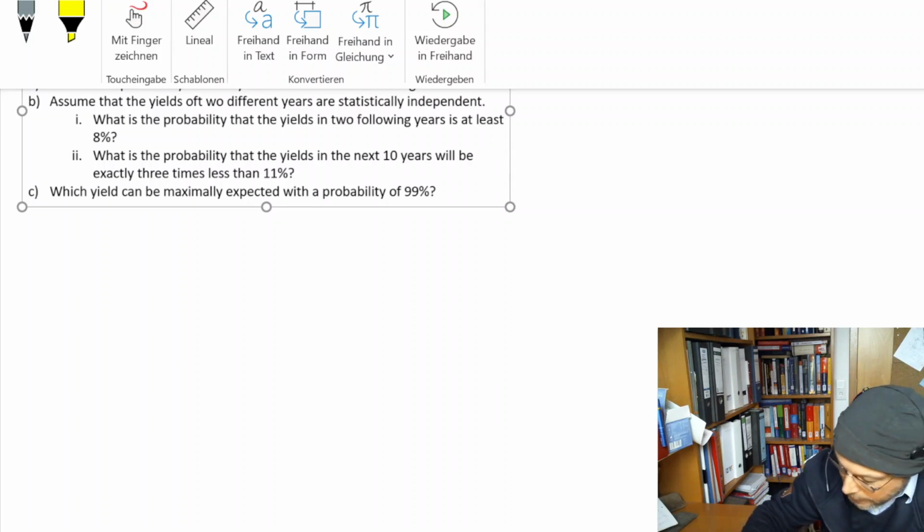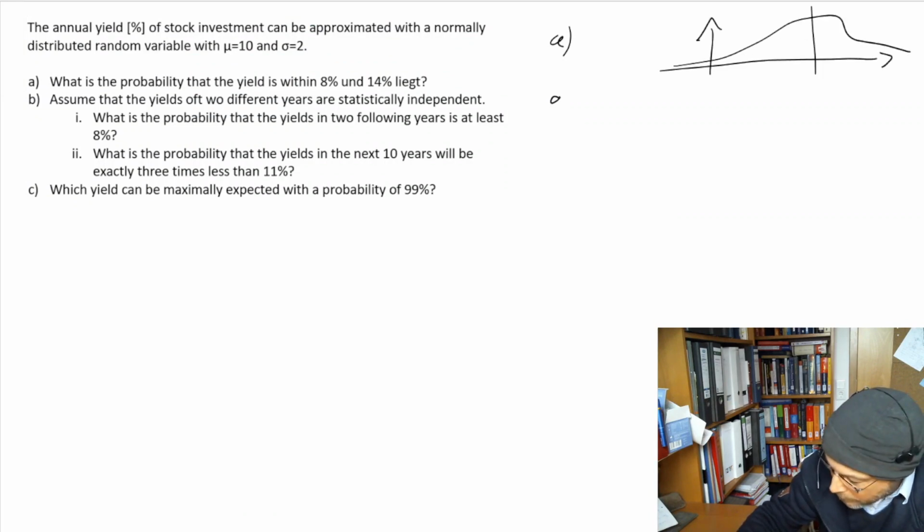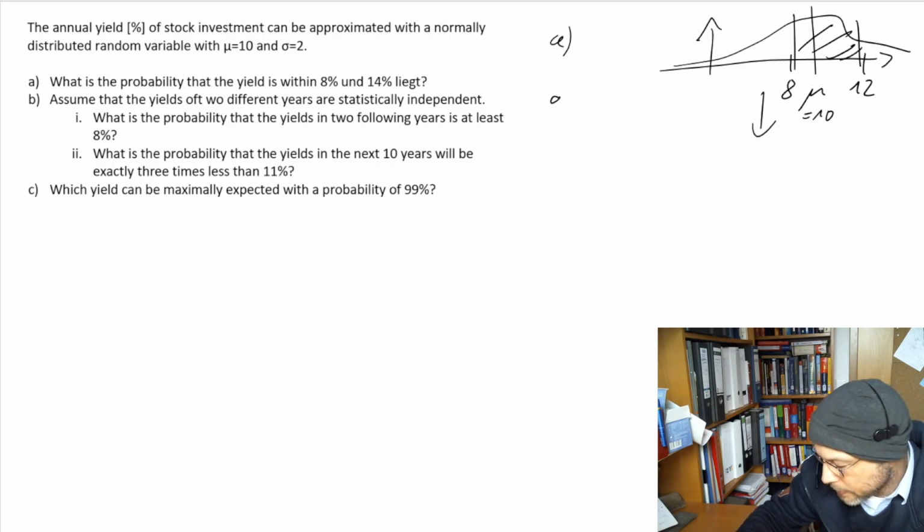I sketch you the first question, A. Mu is 10, 8, and 14. So we are interested in this area. Translate this into the normal distribution.